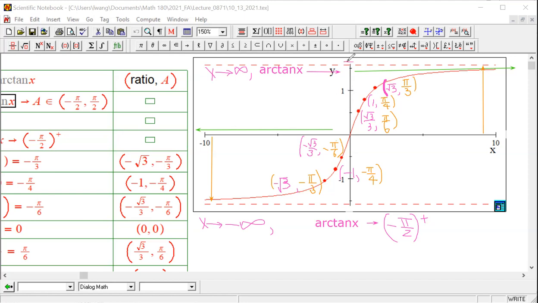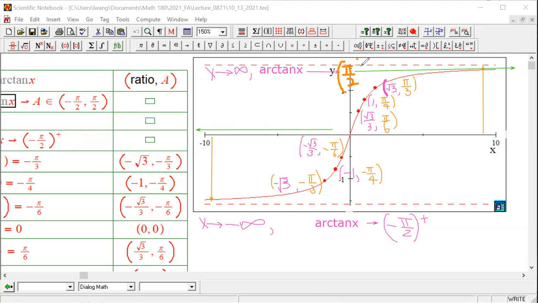Pi over 2. I'm writing pi over 2 in orange color because that's pi over 2. Let me make it thicker. Okay, pi over 2. Okay, from smaller than pi over 2, because we're from bottom up, right?